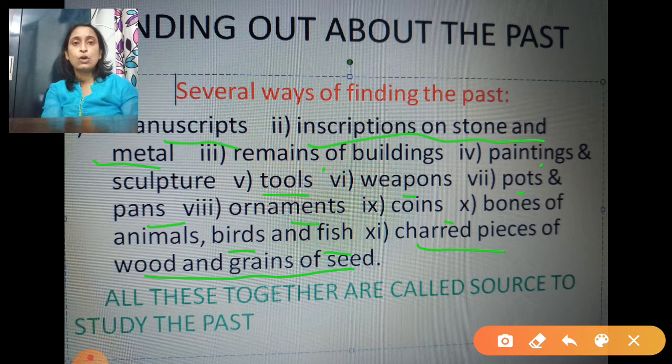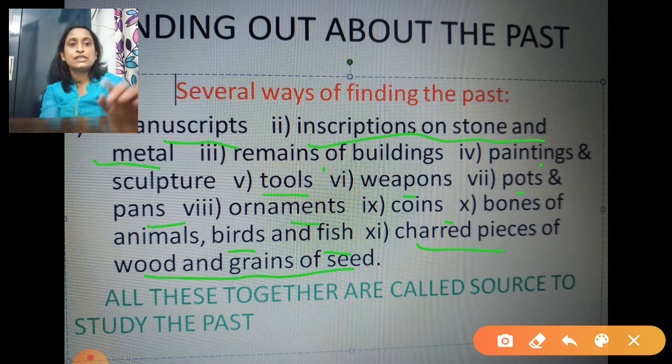So to our questions of what, where, how, and when, how do we get to know the answers? It is by looking into these sources. These are the sources that speak about what happened in the past.